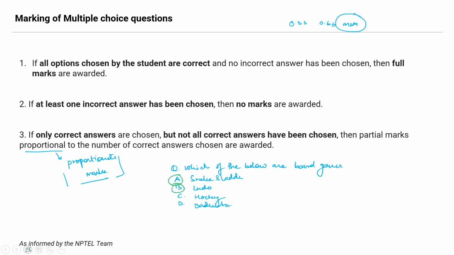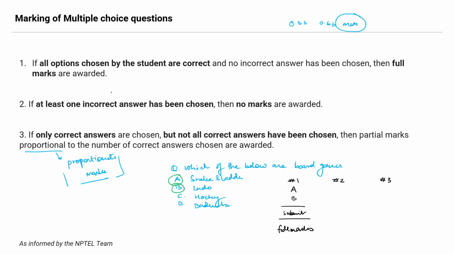All right. Now we'll understand using the scenarios. The first scenario says if all options chosen by the student are correct and no incorrect answer has been chosen, then full marks are awarded. So I select A, I select B, and I submit. Since A and B are correct, I'll get full marks.